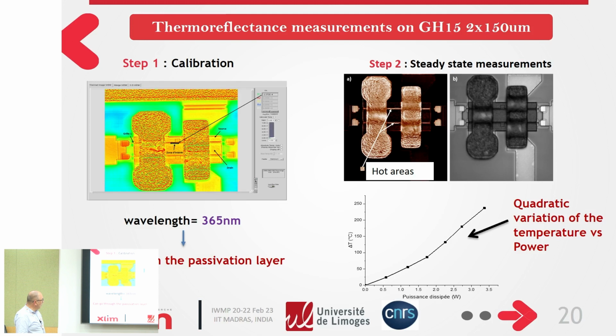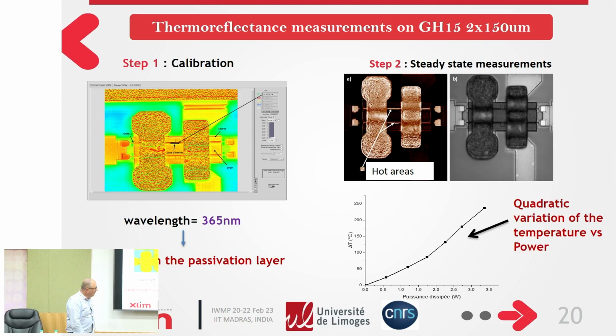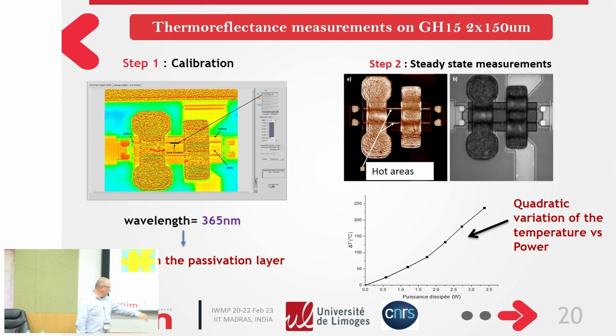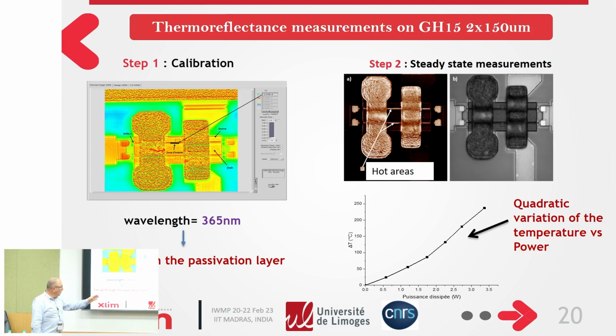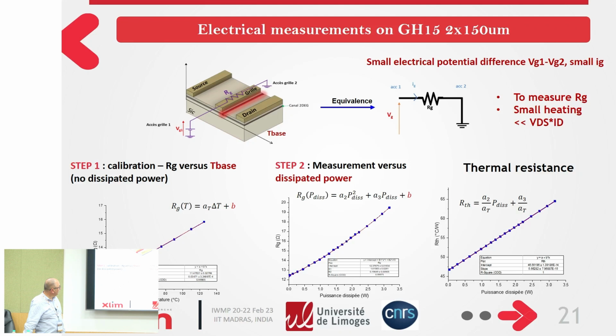We know that here the best wavelength is IV, okay? So we perform the calibration, and then for different dissipated power, we measure the temperature and we extract the temperature versus dissipated power.